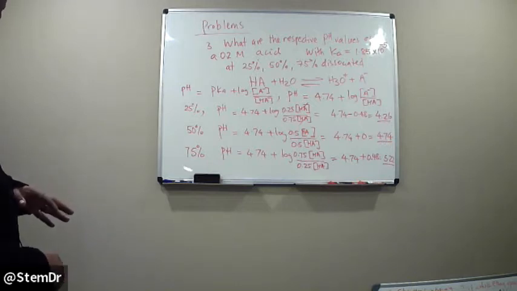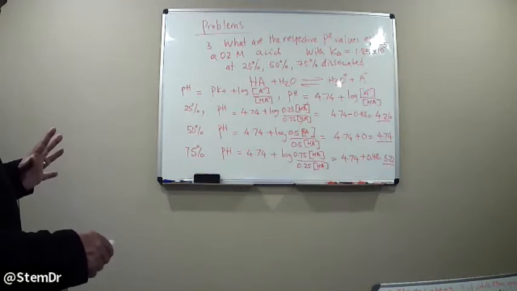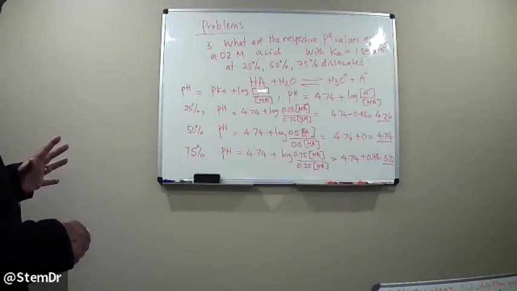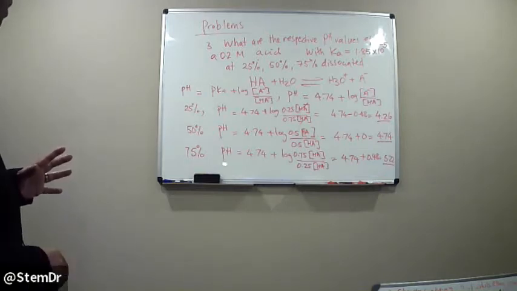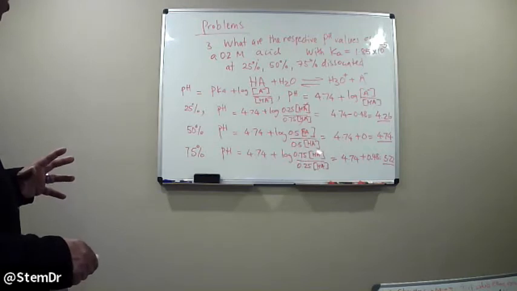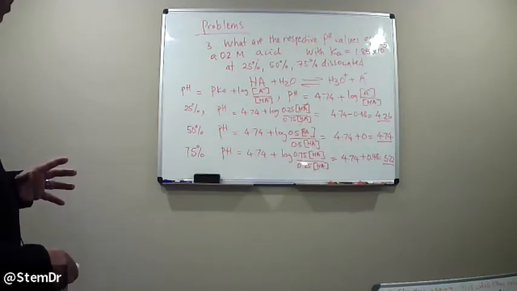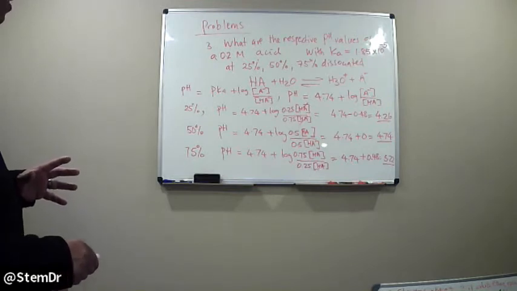So let's say at 75%, it's almost 75% of it is in this form, but 25% remaining in solution. So pH equals 4.74 plus the logarithm of 0.75 of HA for this value, and the remaining 0.25 of HA. Now you cancel this. 0.75 to 0.25 is 3.